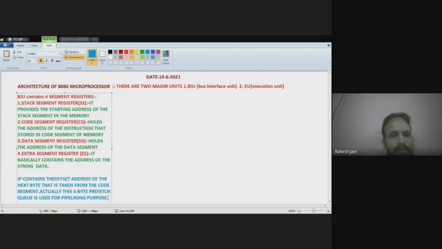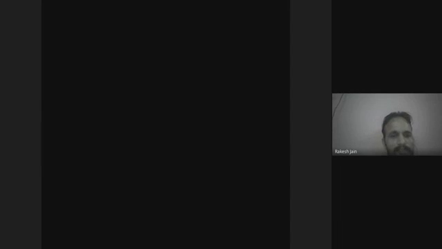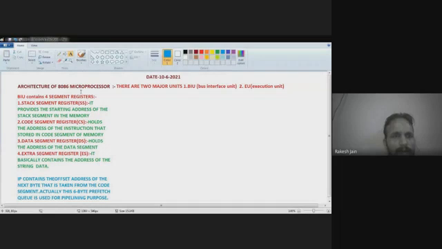So first of all, for the architecture, I just draw the upper half part of the architecture, so you will be aware of how the bus interface and the architecture look. So first of all, just see this.